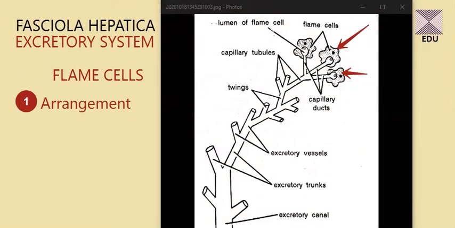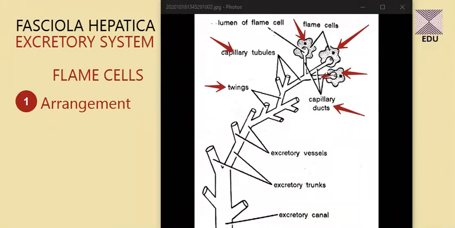Each flame cell has its own capillary. So these are the capillary ducts. Here you have three flame cells and three capillaries coming out of them, and these capillary tubules join to each other, and they are called the twins.